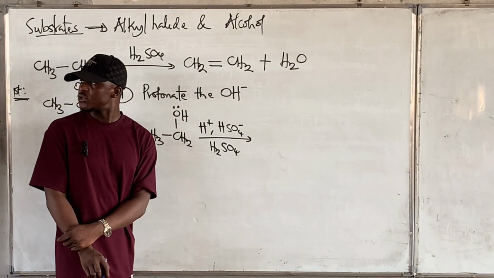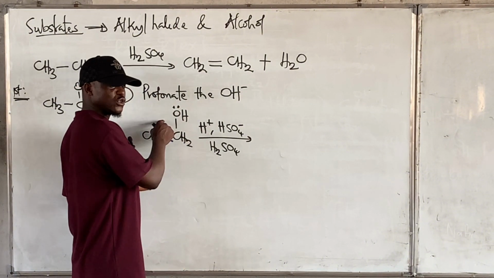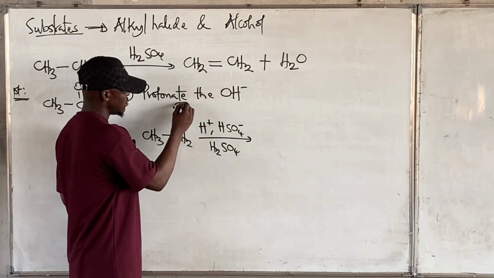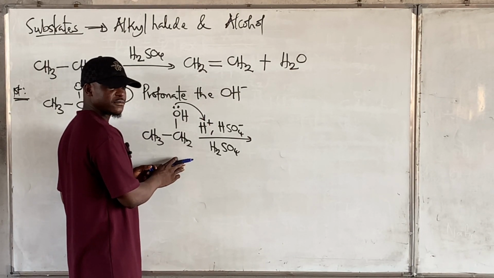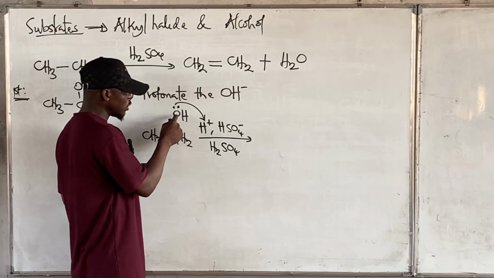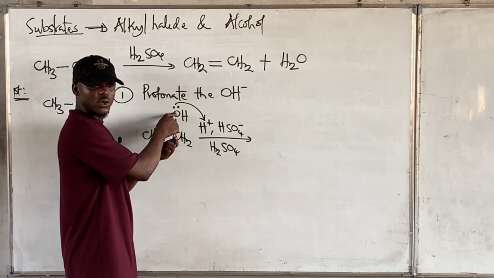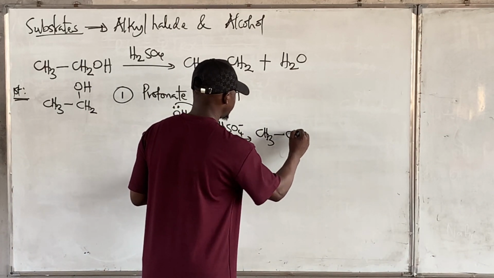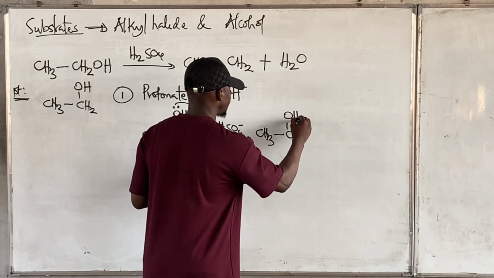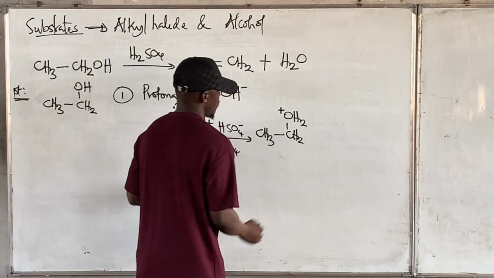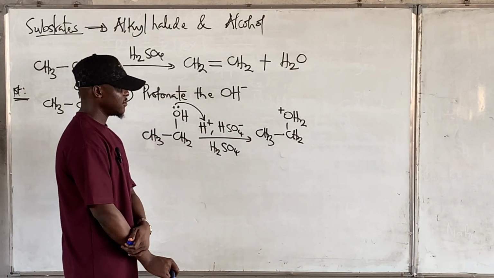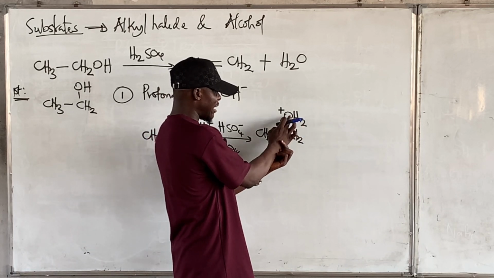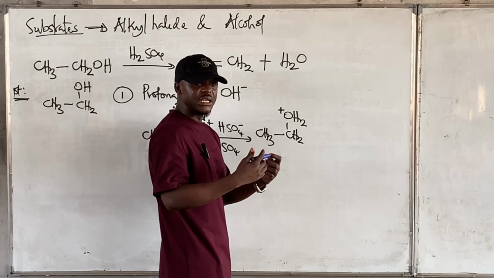When you protonate, protonate simply means you're adding hydrogen to this. Please, the arrow is coming from this lone pair, not from the plus. You want to convert this from a poor leaving group to a good leaving group. So this becomes CH3, CH2. This is it. Now this water is acting as a good leaving group.